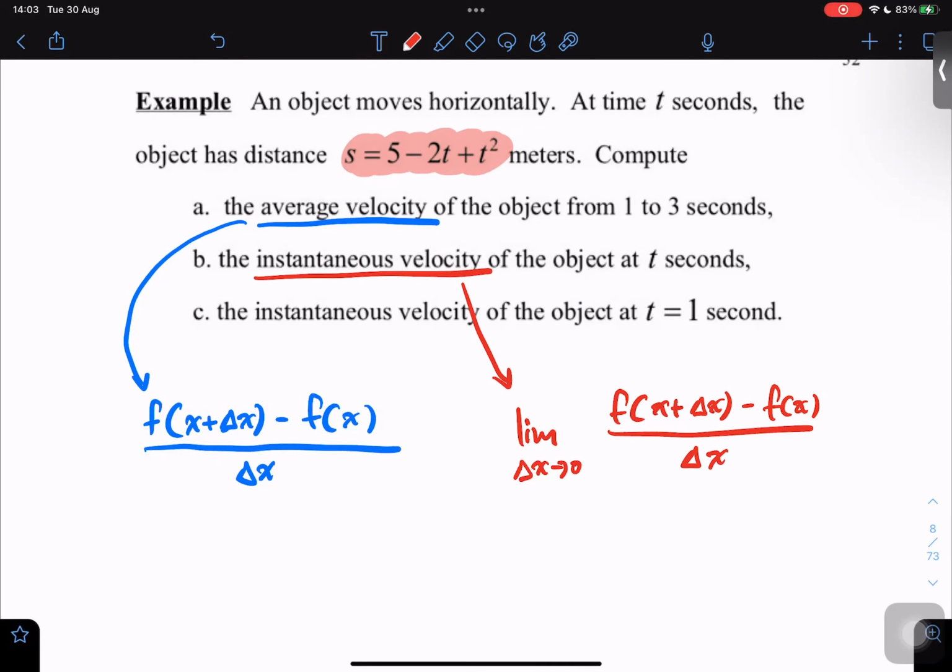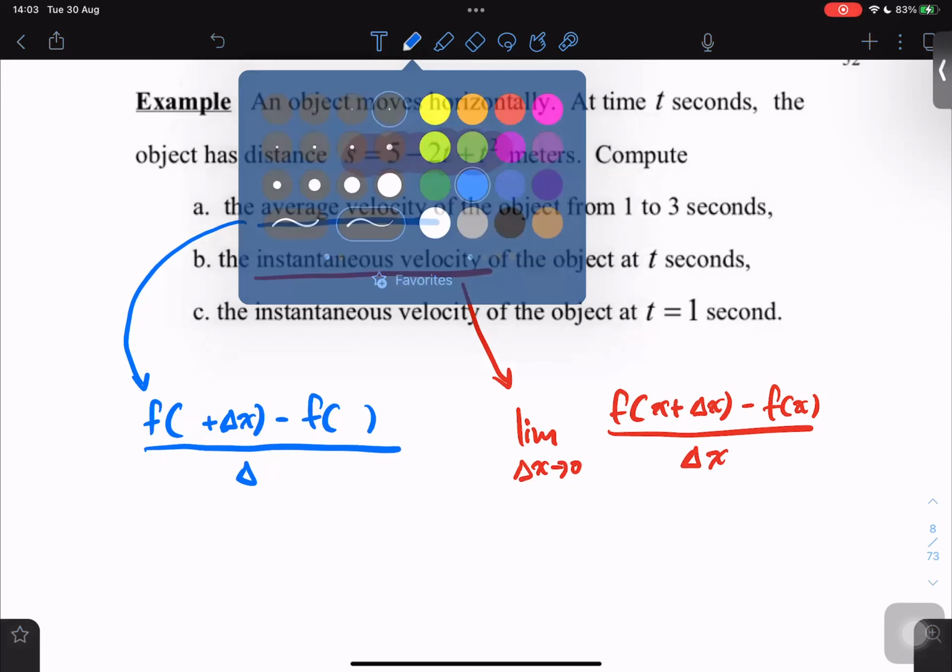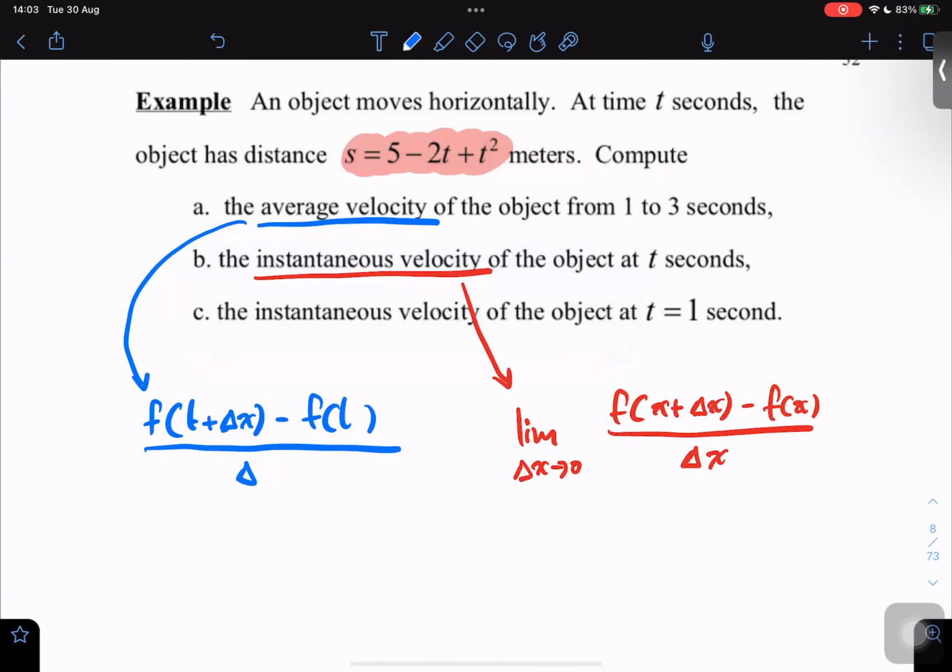In this case, the function depends on t, so you can write it as f of t plus delta t.